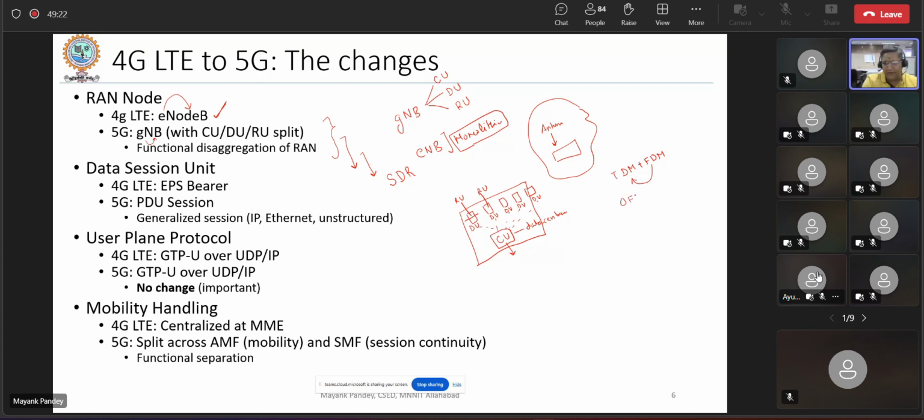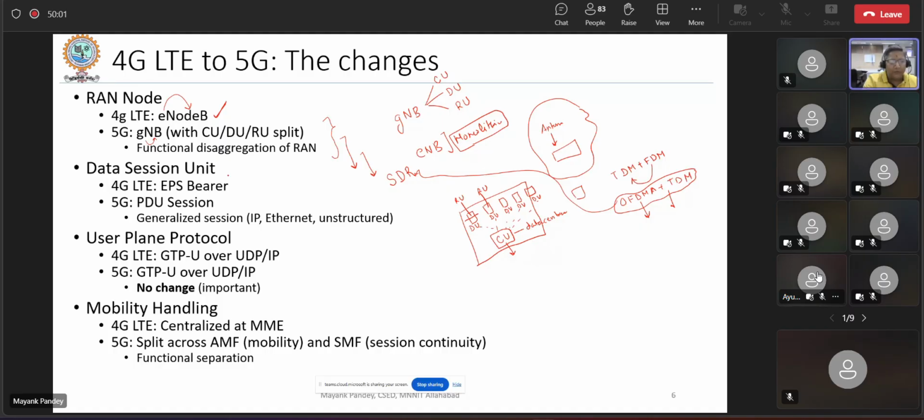We still use OFDMA, orthogonal frequency division multiple access, plus TDM in 5G, but this is now not controlled by hardware or a transceiver. It is controlled by software running in the control unit, and that is the software defined radio. This is again a new next generation radio. We call it NGR, which is getting handled in this form. We don't have time to go into the details of that.